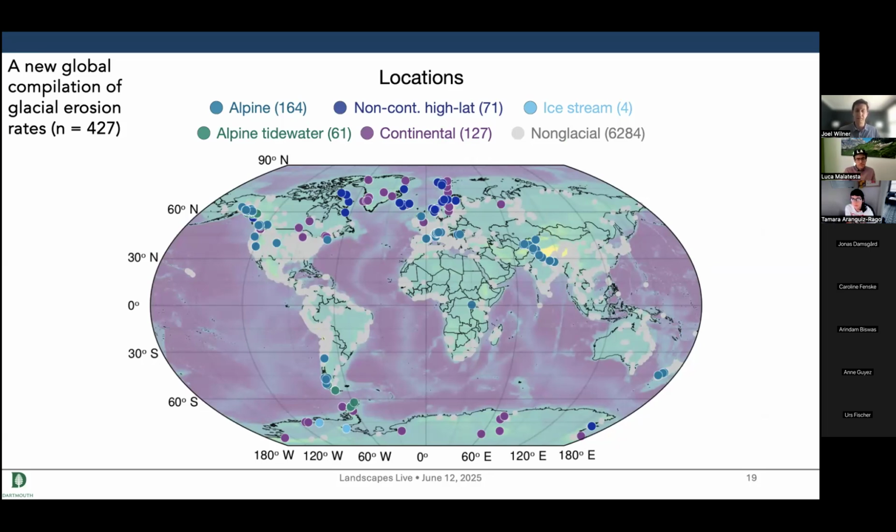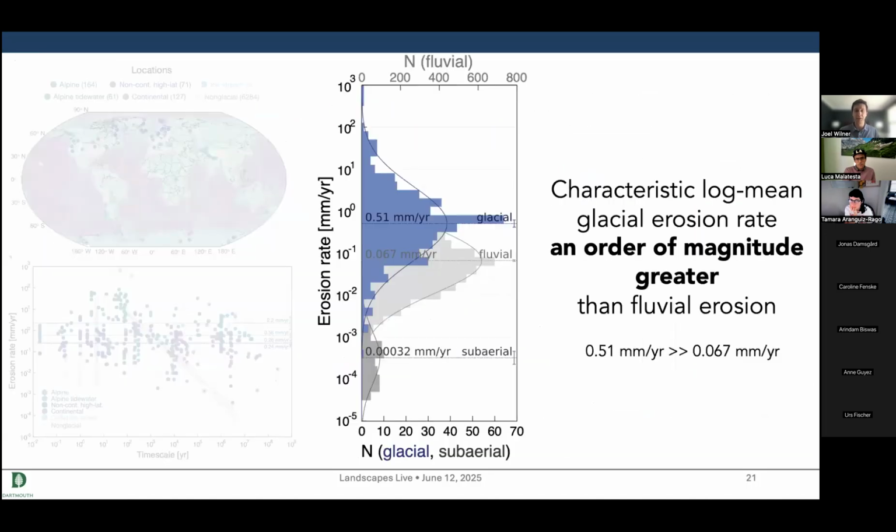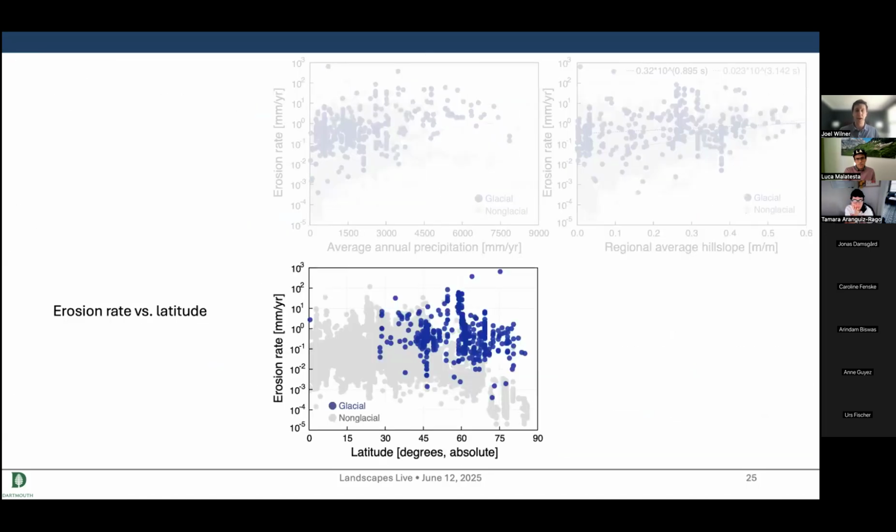We have Antarctic glaciers. We have a handful of tropical glaciers. But we don't account for that in a quantitative way in terms of biasing where glaciers might be, with the exception of this erosion rate versus latitude plot that may be part of the answer to the question.